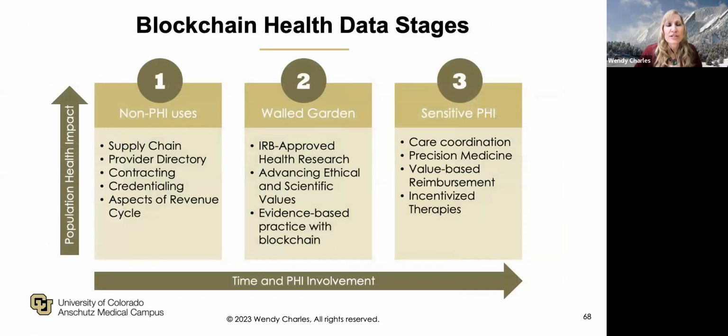Some organizations start out with lower risk projects and get more comfortable until they pursue some of the higher risk projects. It is valuable to know that blockchain absolutely has moved into managing some sensitive PHI, and it is making a difference. It has evolved at the level of people's comfort.